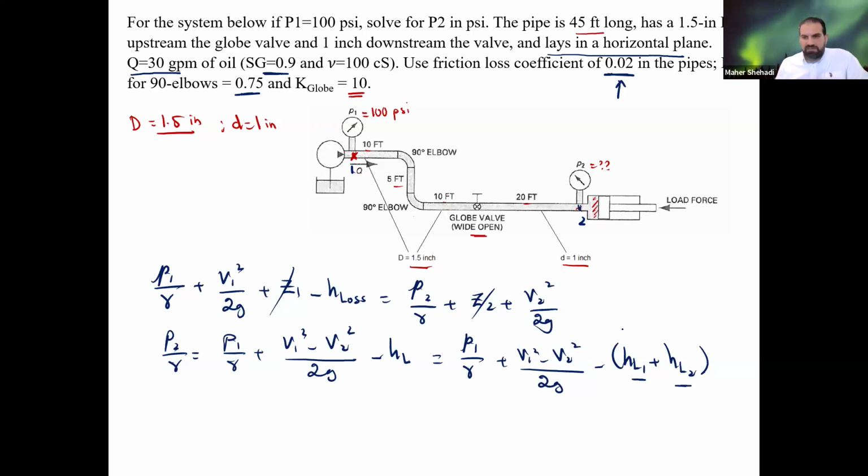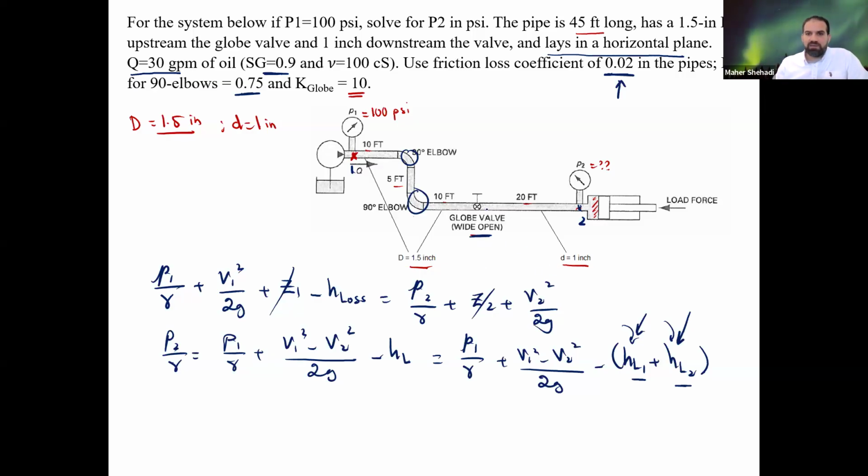It makes more sense because those two 90-degree elbows are in the 1.5 inch, so they have to be here. And this one would take the globe valve because it has a smaller diameter. Smaller diameter has higher velocity, which means more losses. And that's why we need to include that.